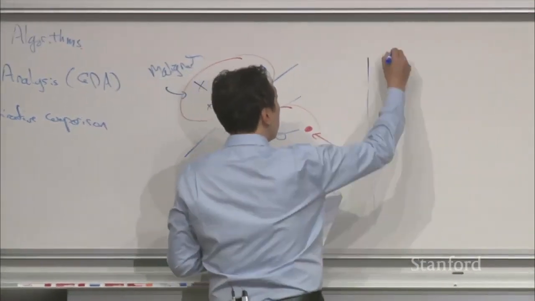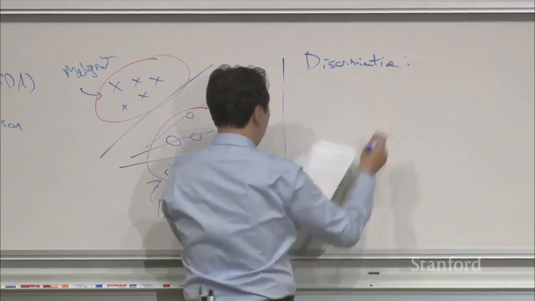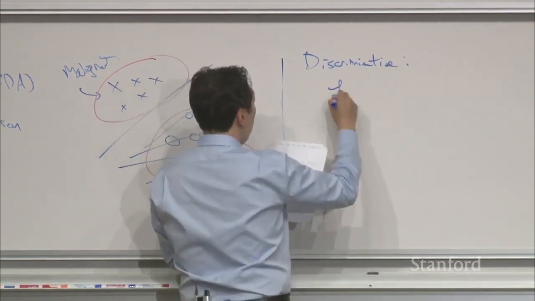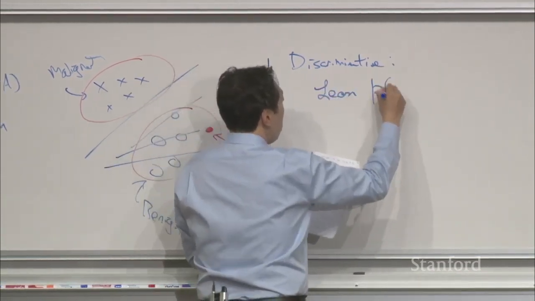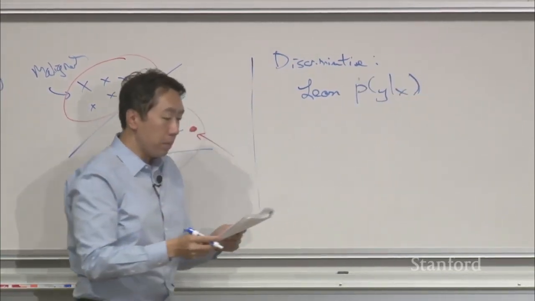So let's formalize this. A discriminative learning algorithm learns P of y given x, right?